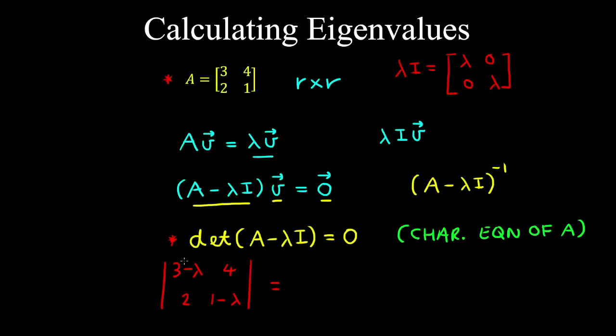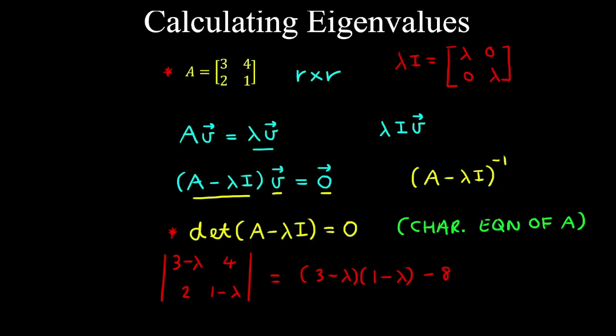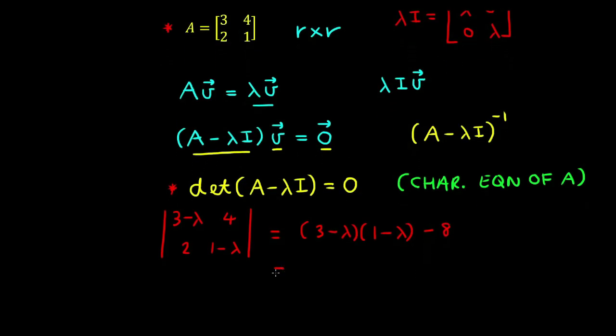So to calculate the determinant of this 2 by 2 matrix, we have 3 minus lambda by 1 minus lambda minus 4 by 2. So if we expand and simplify, we have lambda squared minus 3 lambda minus lambda plus 3 minus 8, which is minus 5.